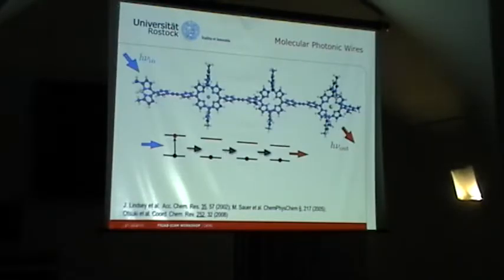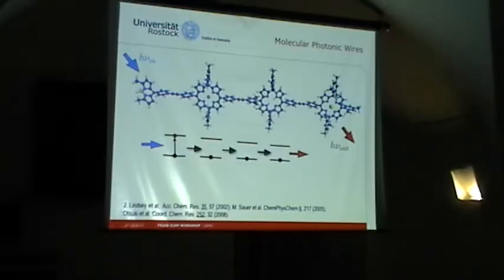Okay, so there are a lot of attempts to build artificial molecular photonic wires, in which you have some unit here which you excite initially, the energy gets transferred along that wire, and then you have a downward transfer, and basically a photon coming out here.